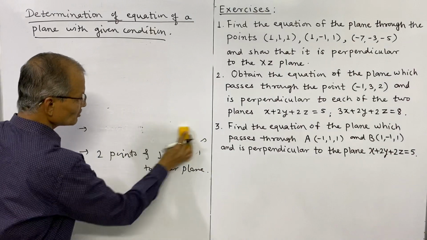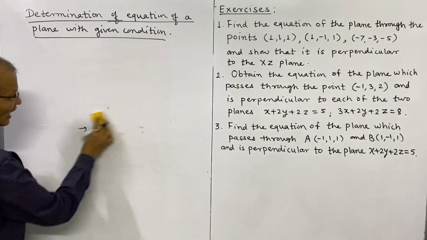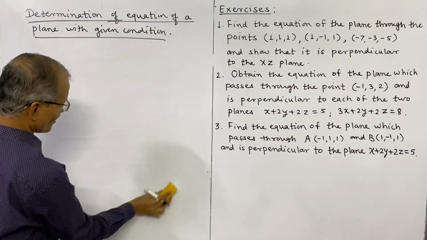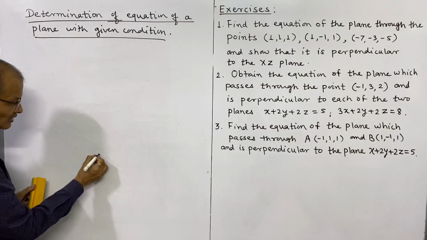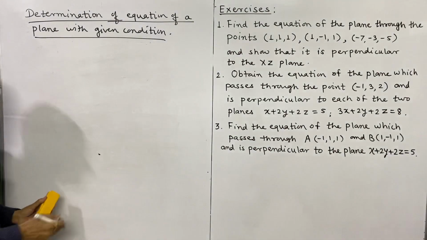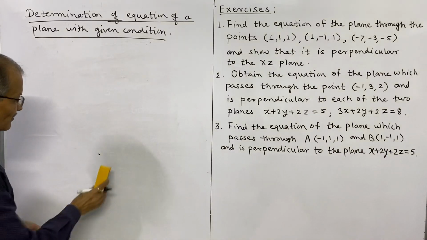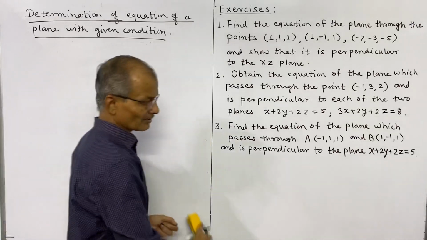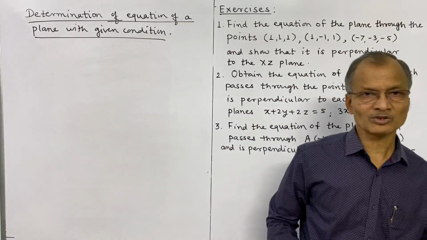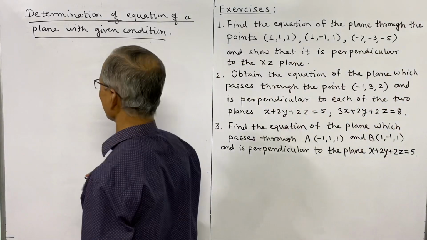And one thing we should note is how to write an equation of a plane passing through a point, and there will be infinitely many planes passing through this single point. So different planes will be passing through this point, but if the point has coordinates x1, y1, z1, then how to write equation of a plane passing through that point.